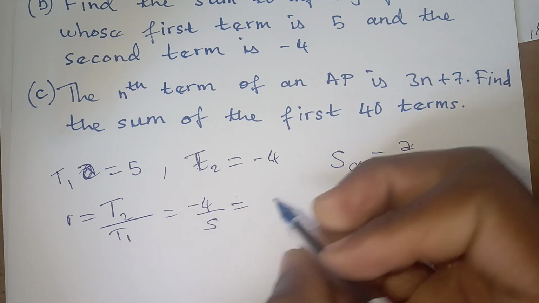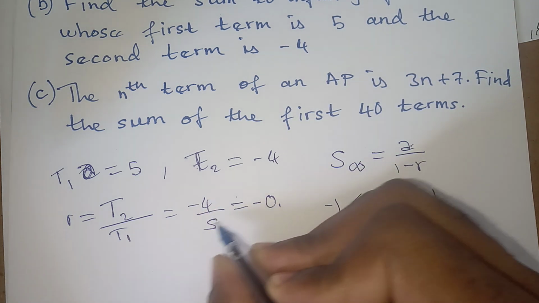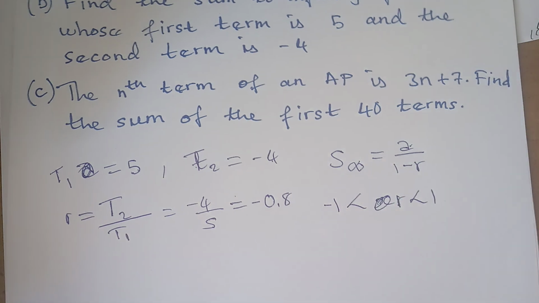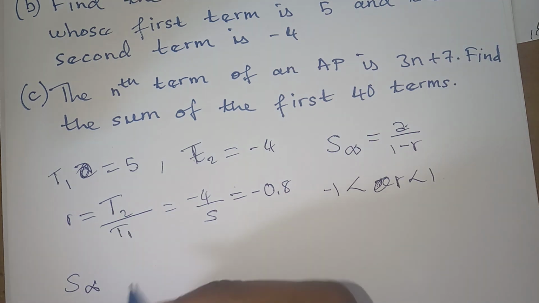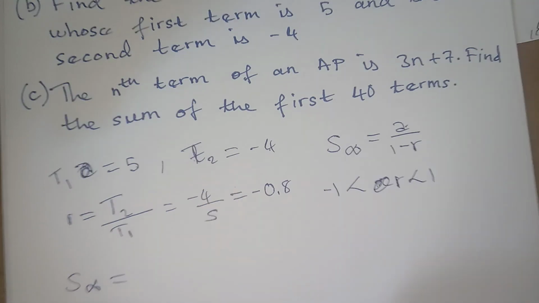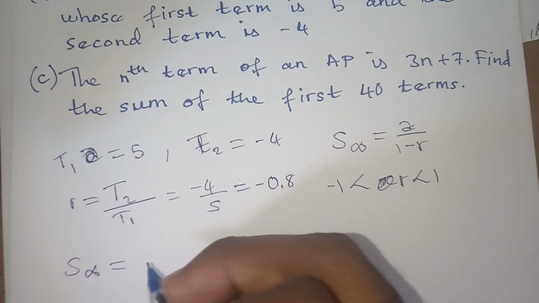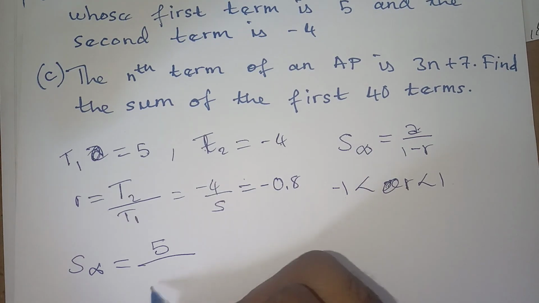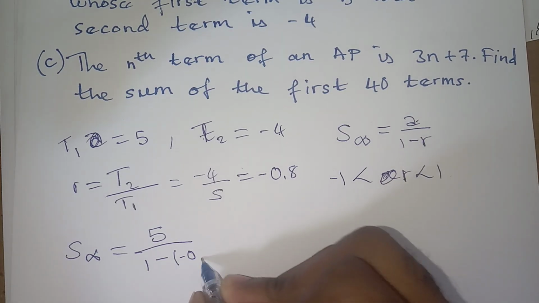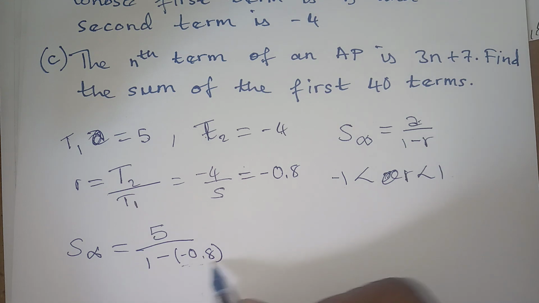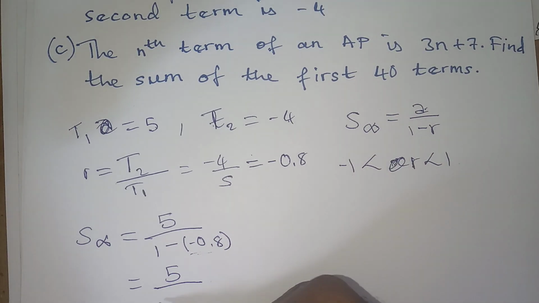So this will be your R. If you want, you can even write it in decimals as 0.8, I think. Now, the sum to infinity of such a series will be A, which is 5, over 1 minus 0.8, which is our R. Then you can just simplify this.